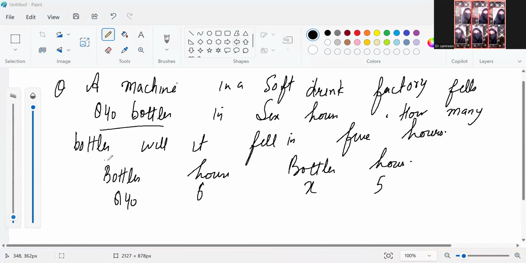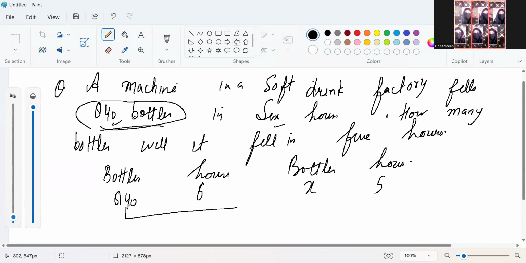So directly proportional, here a machine in a soft drink factory fills 840 bottles in 6 hours. And in 5 hours fewer bottles will come. That means as the time increases, that many more bottles will be filled. That means one quantity increases, the other quantity also increases. That means this is direct proportion.